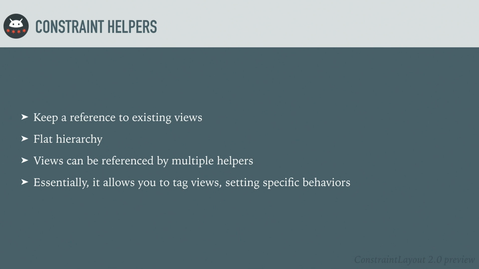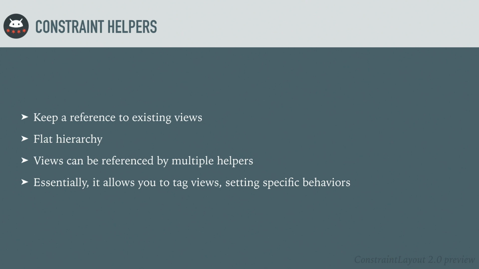We still want to keep everything flat as a hierarchy. And we expanded upon that with constraint layout. The reason why you want it flat, there is performance, that's one of them. But there is a lot of other situations where having a flat hierarchy is very handy, specifically with animations, and we'll cover a couple of other cases. So the idea is that we got views, they are referenced by helpers, and fundamentally, because a view can be referenced by multiple helpers, you could think about it instead as a way of tagging your view.